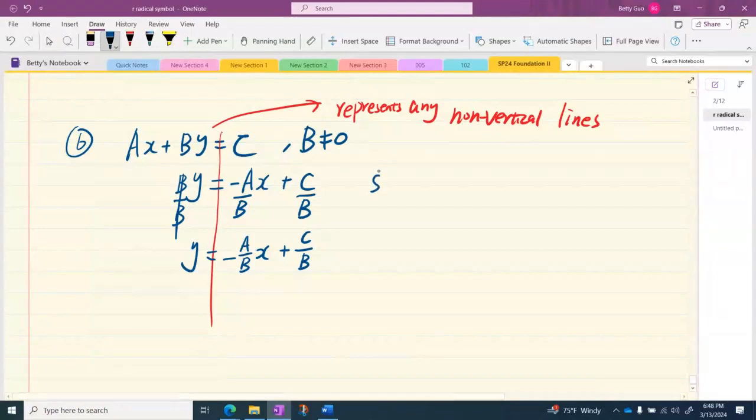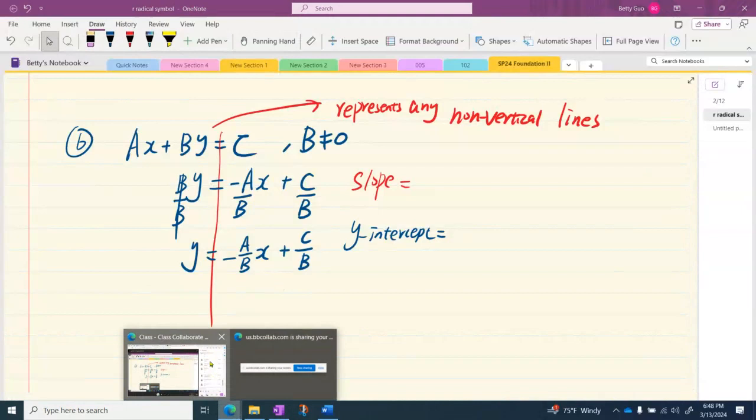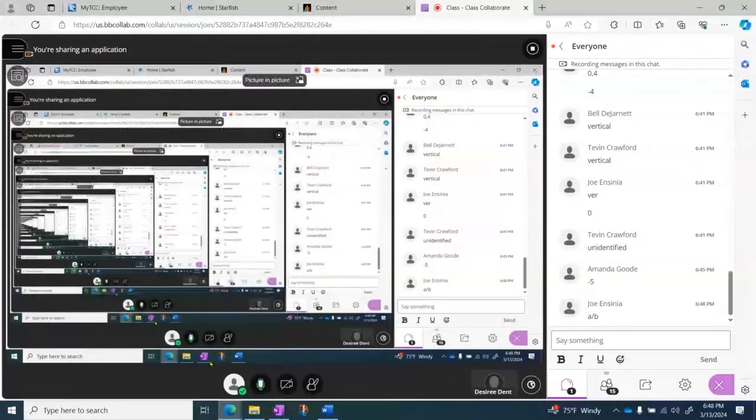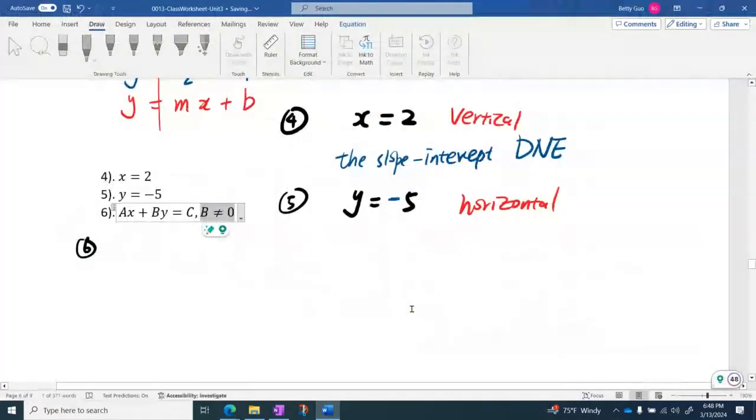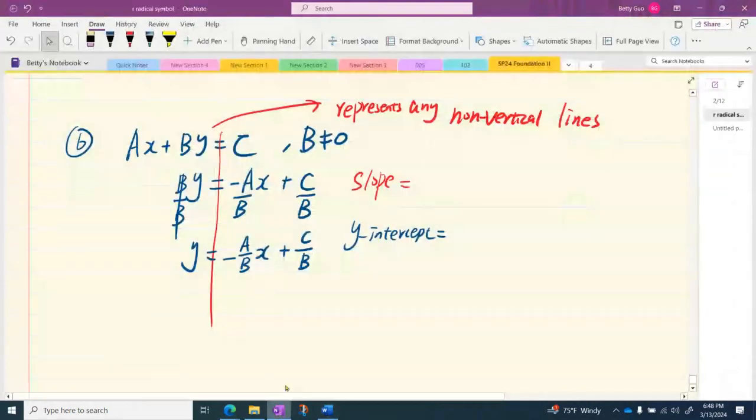Okay, question, what's the slope and what's the y-intercept? Slope is, be careful with the sign. The sign is pretty important. What's the slope?